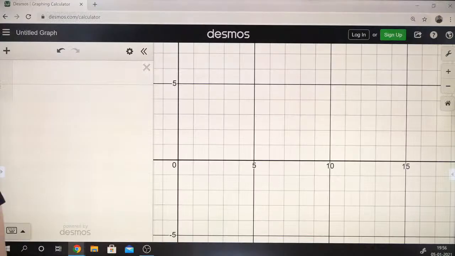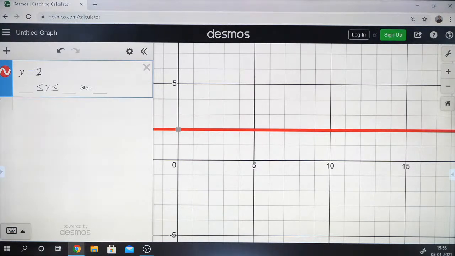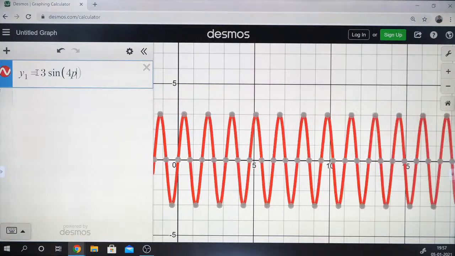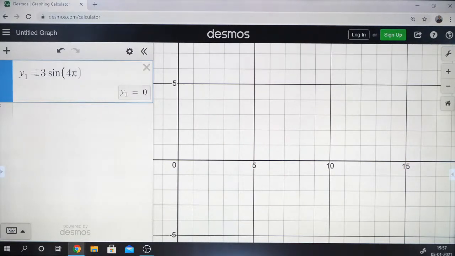No problem. Okay. So this is back to Desmos. Let's see what we can do. So guys, let's say I write an equation like y1 is equal to 3 sine 4 pi x.